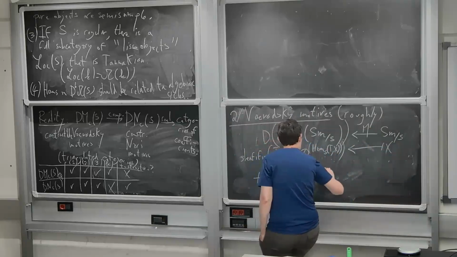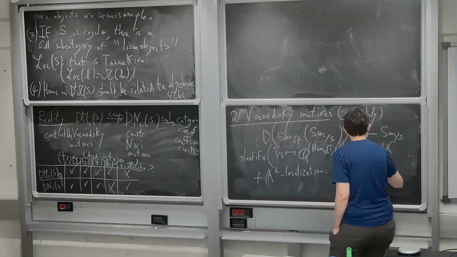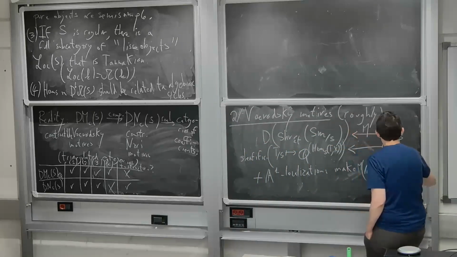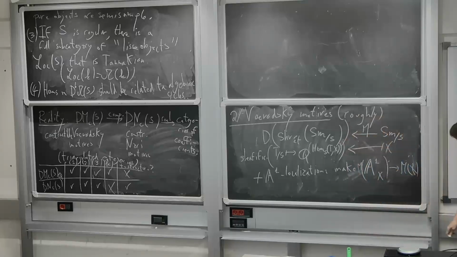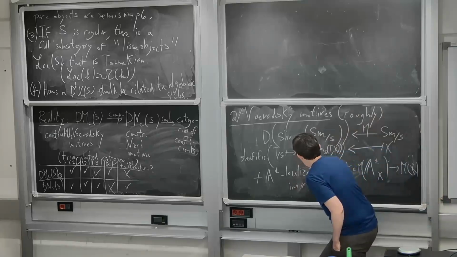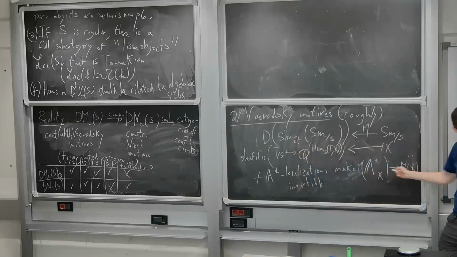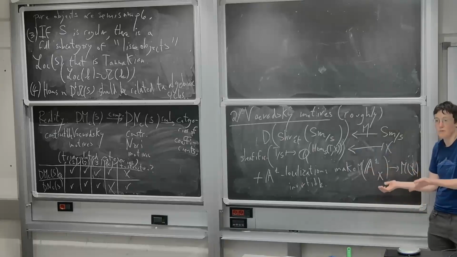What is A1 localization? Every time you have an X, you have a projection from A1 over X to X, so you apply M and you want this to be invertible, because basically you want X and A1 cross X to have the same cohomology or homology.